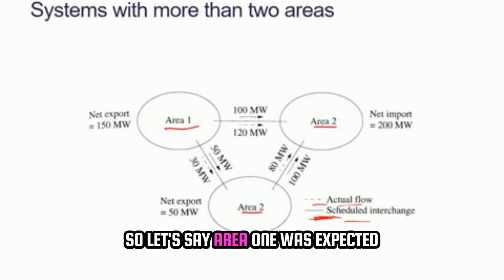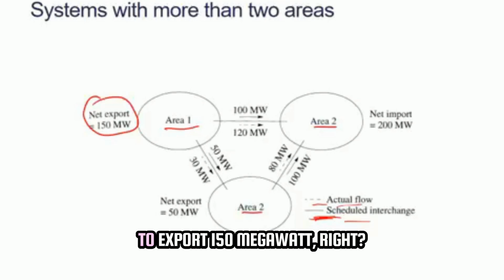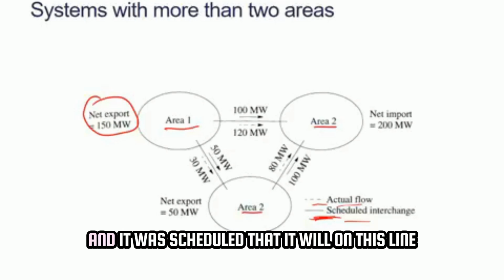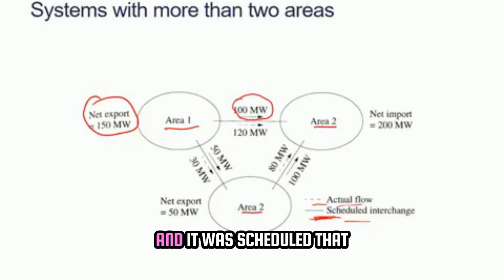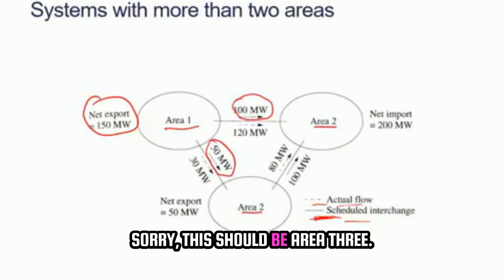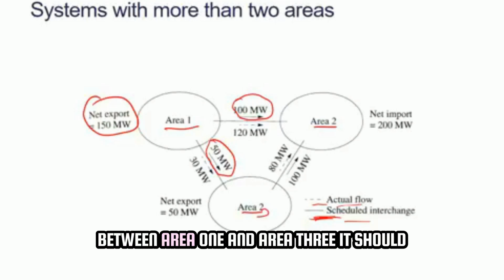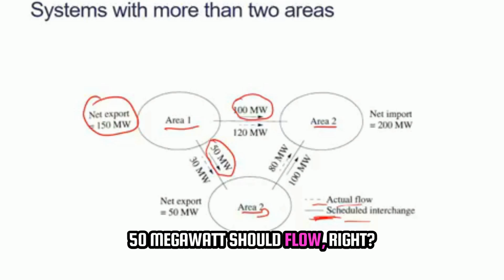Let's say area 1 was expected to export 150 megawatt. It was scheduled that on the line between area 1 and area 2, 100 megawatt will flow, and between area 1 and area 3, 50 megawatt should flow.